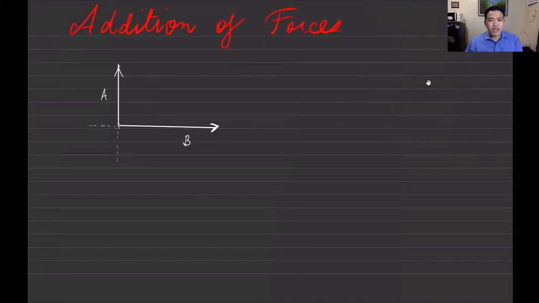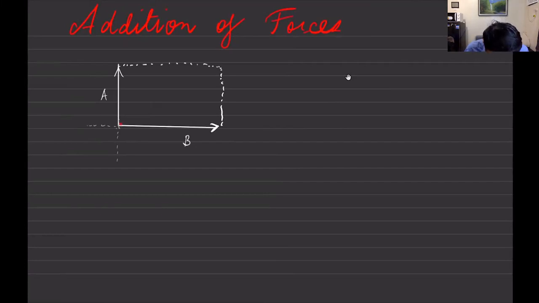So for example, you have two vectors here. Let's say we have vector A and vector B, and what you can do is the parallelogram method. We can draw a parallelogram here. Draw a parallel line with respect to one vector, let's say vector A, and another parallel line with respect to the other vector, in this case vector B. And then the resultant is the straight line from the origin to the diagonal of your parallelogram.